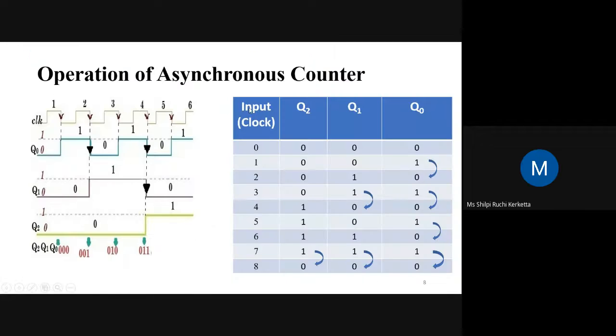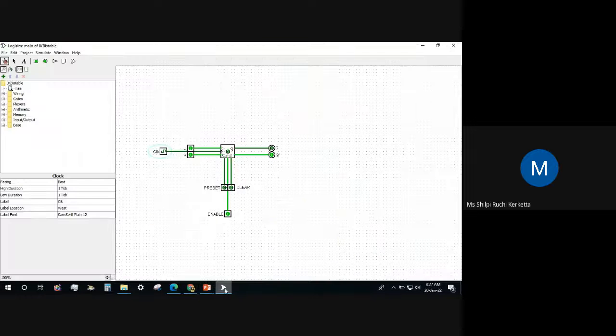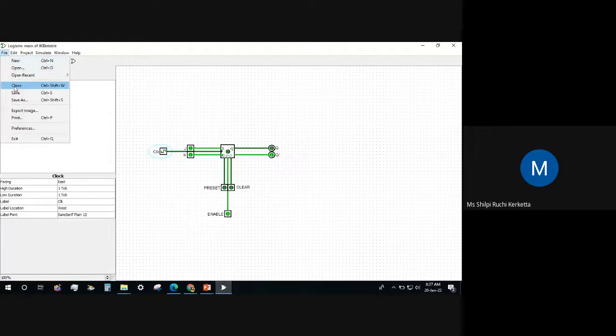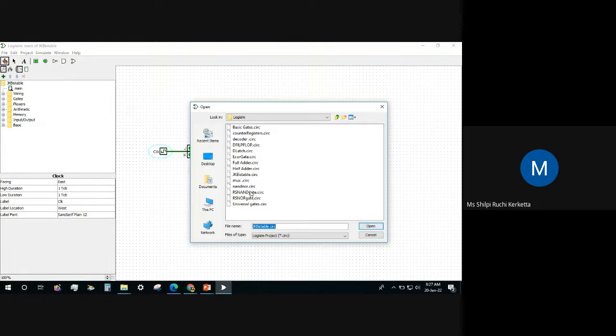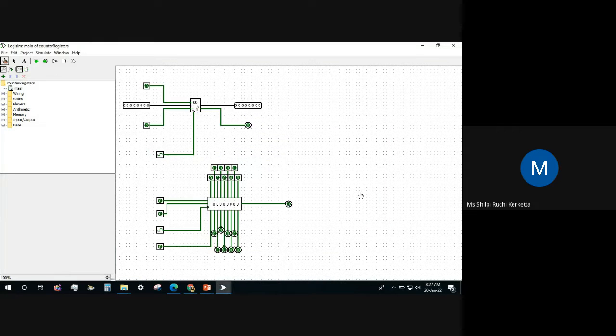Okay, we will do this simulation. So actually here in this Logisim, we have an 8-bit counter. Okay. So for counting down, we have to give it as 0. So we will change the clock. Okay.